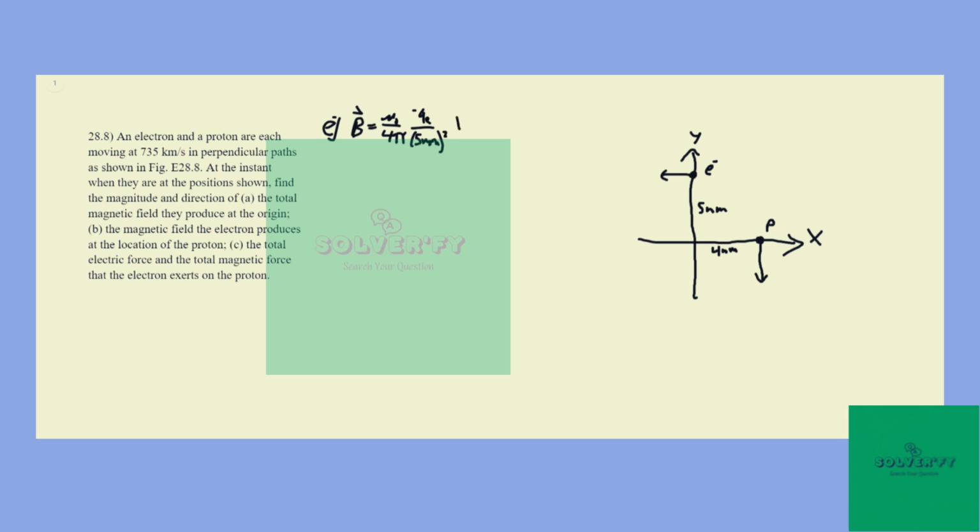And then we have the velocity, and that's the cross product of the velocity with the r vector. So that's going to be this r vector here. It's from the point where the charge is to the point at the origin. That straight line down.